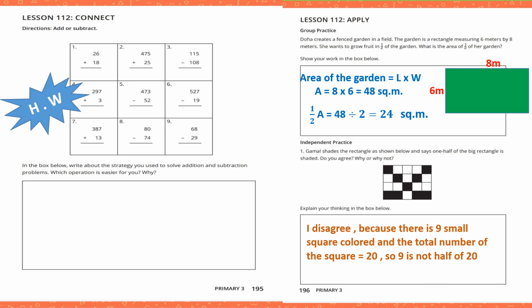If they are different, it will not be half. I disagree because there are 9 small squares colored and the total number of squares equals 20. So uncolored equals 11 and colored equals 9, so it's not half.